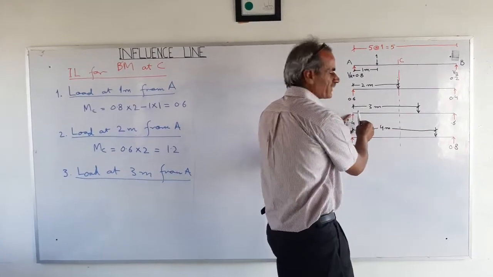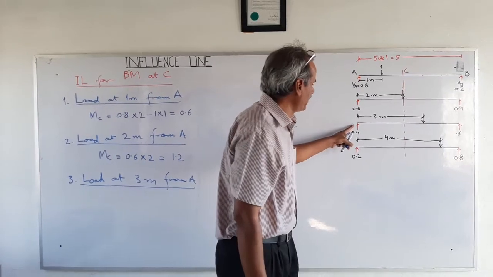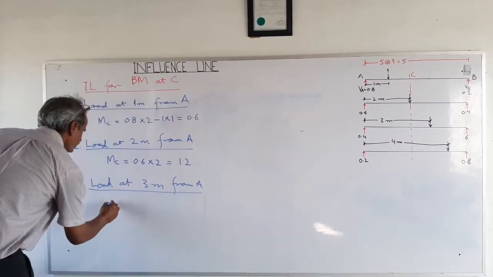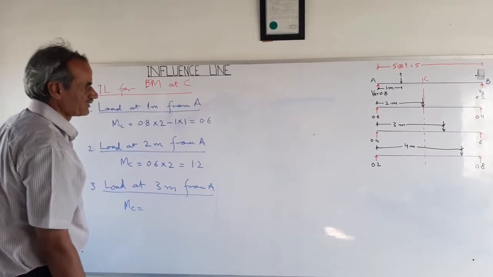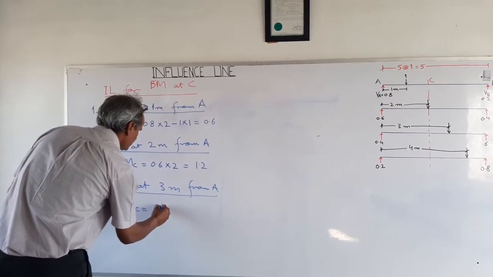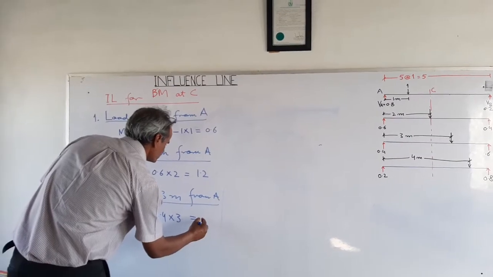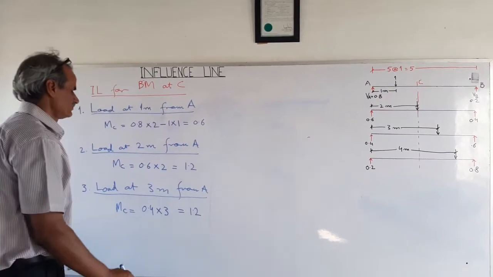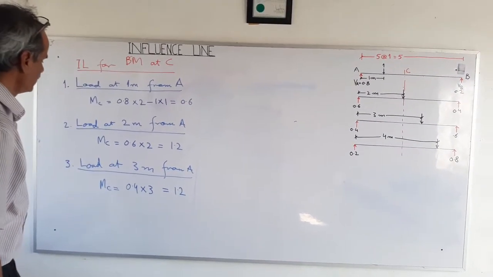Hence, on the left hand side, there is only transverse force, that is reaction at A. So it will be MC, moment at C shall be equal to the reaction at A, that is the only transverse force, 0.4 multiplied by 3 is equal to 1.2. Alright.